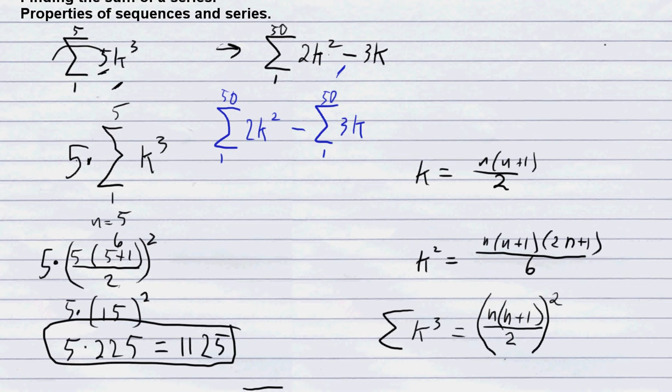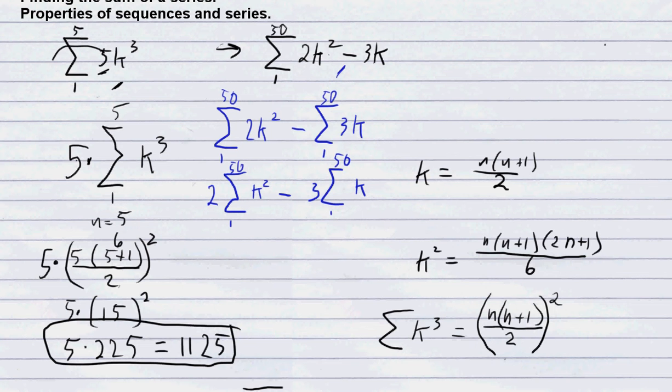Now we deal with those 2 separately. In both cases we factor the coefficient out. 1 to 50 of k squared minus 3 times 1 to 50 of k.